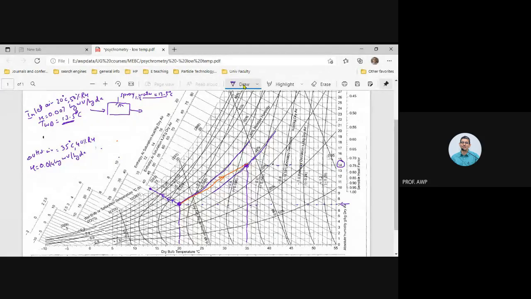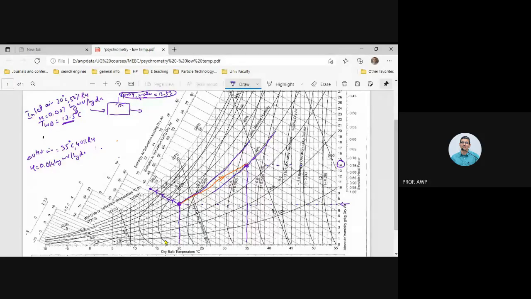That is called adiabatic saturation. We are having an infinite amount of water being sprayed so that the water temperature does not change. So air will get humidified and cooled along this wet bulb temperature line. You can derive this for yourself, but we are not going to do that. We will do that only once we start doing energy balance, right?